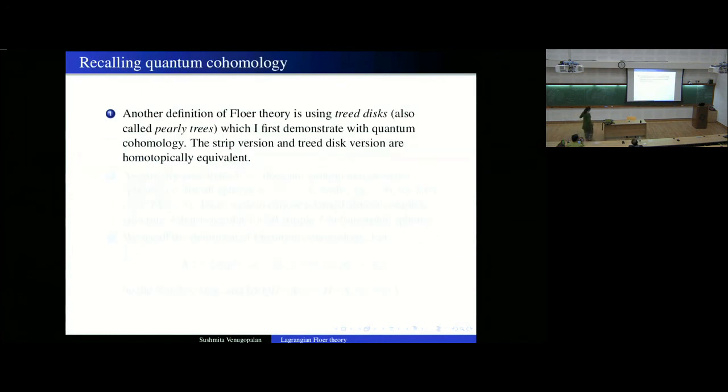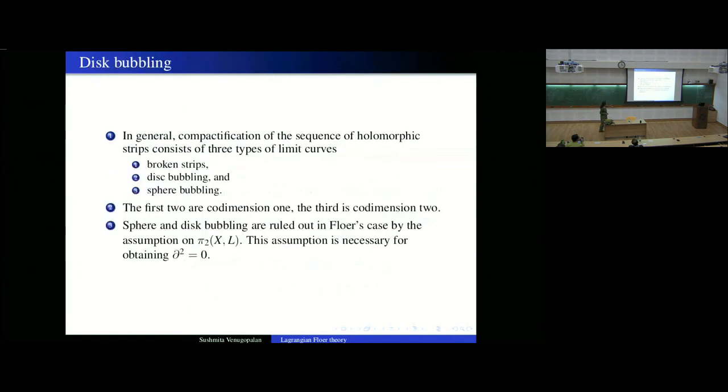So what I'm going to do now is define the Floer cohomology of a Lagrangian, and it won't have boundary squared equals 0, but it will instead have an A-infinity structure.